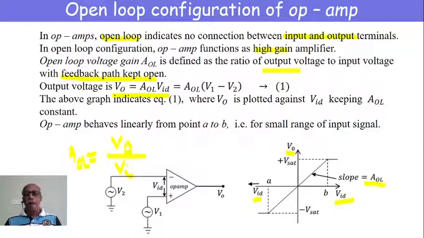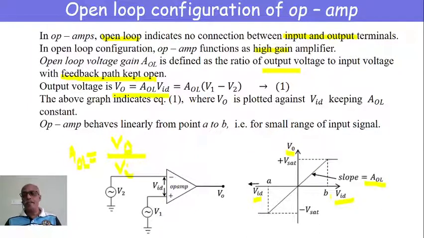And this op-amp from point A to point B will be linear, and this is for a small range of input signal, for a small range of this VID.